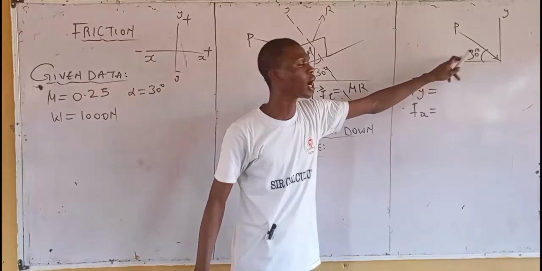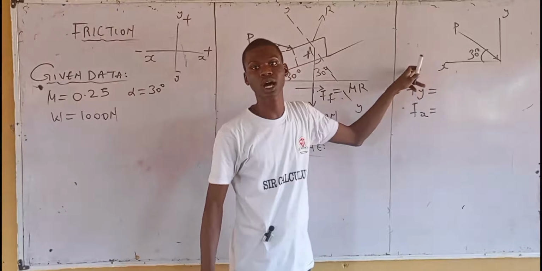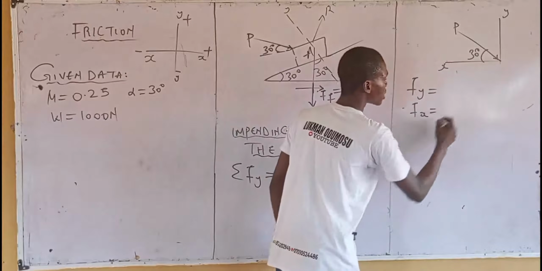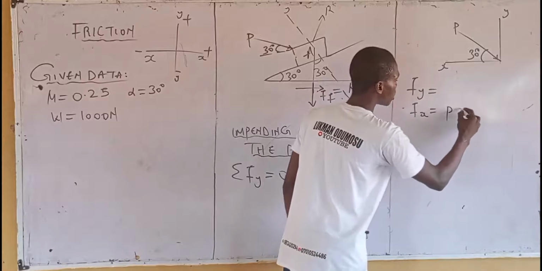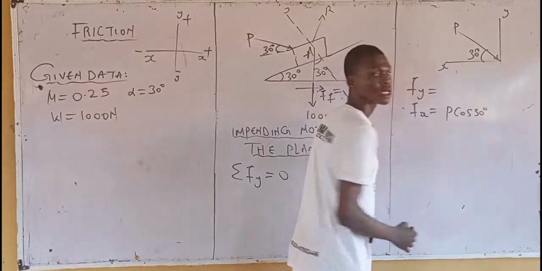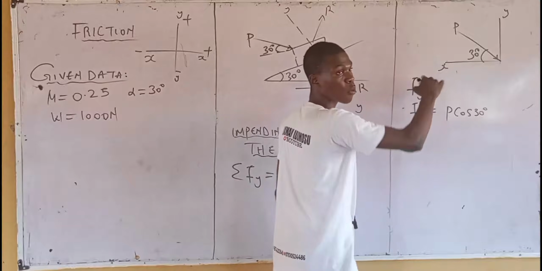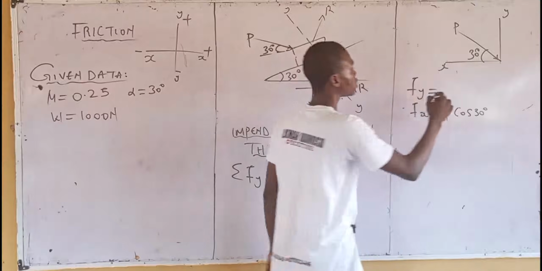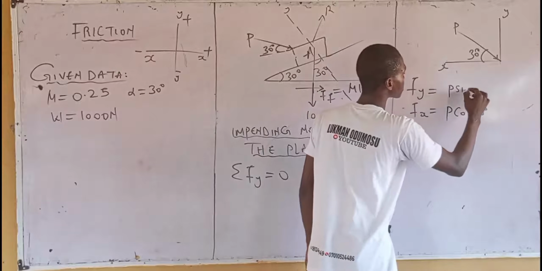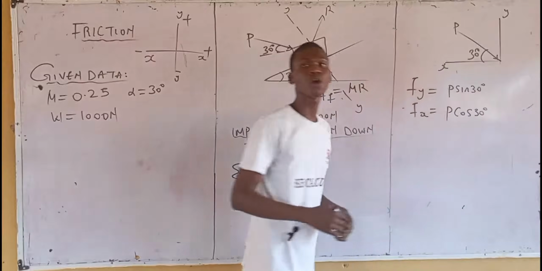Now, since this angle is inclined to the horizontal, for the horizontal component I have P cos theta. Then for the y component, being the vertical component, what do I have? P sine theta.